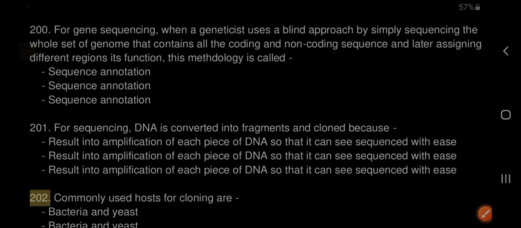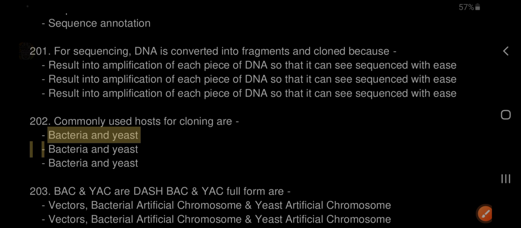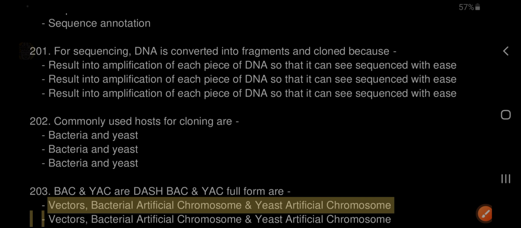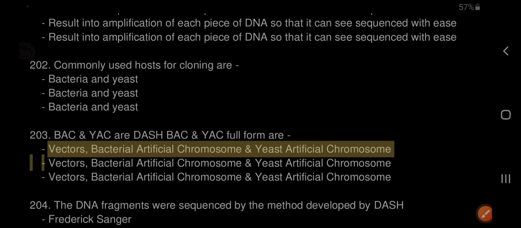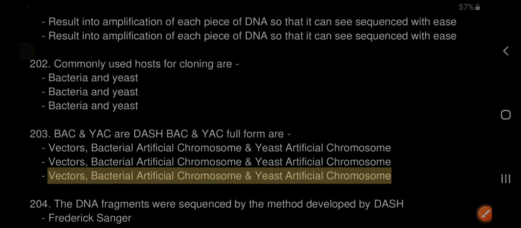Commonly used hosts for cloning are bacteria and yeast. 203. BAC and YAC are vectors: bacterial artificial chromosome and yeast artificial chromosome.